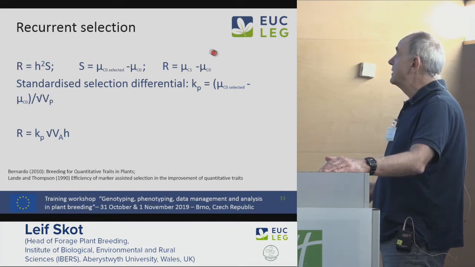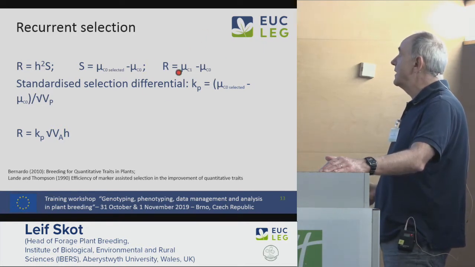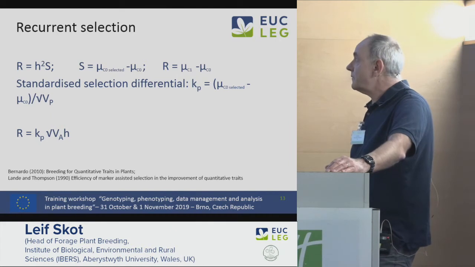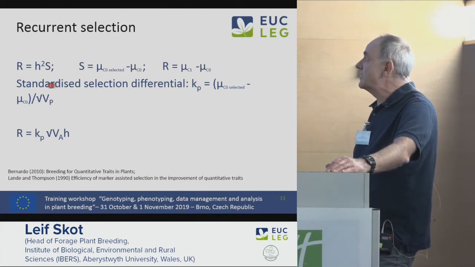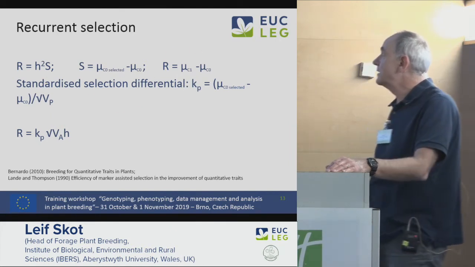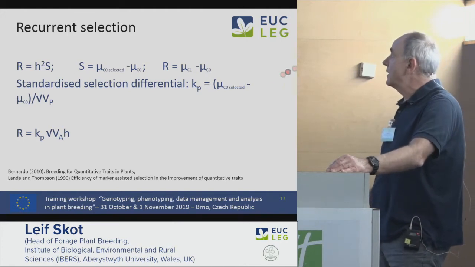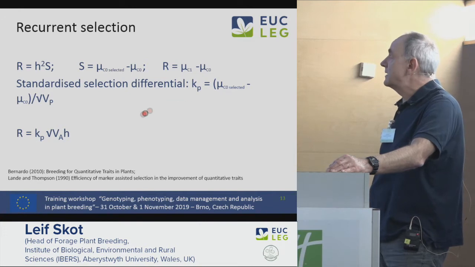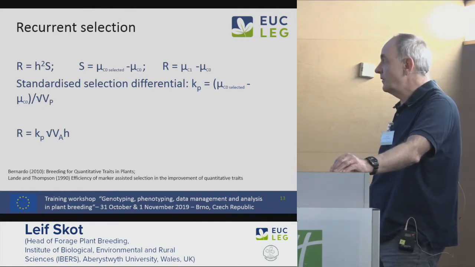And then the response is the mean in the next generation, the C1, minus the mean of the original population. And then there is a conversion to a standardized selection differential called kp, which is the difference between the selected mean and the original mean divided by the square root of the phenotypic variance.